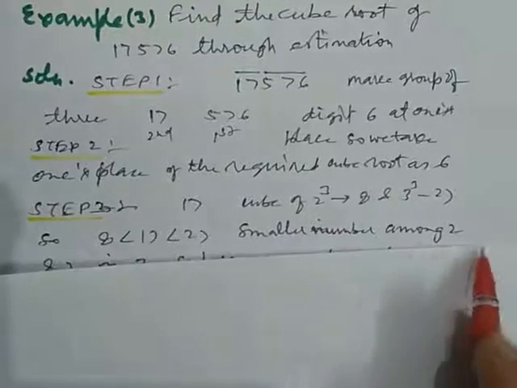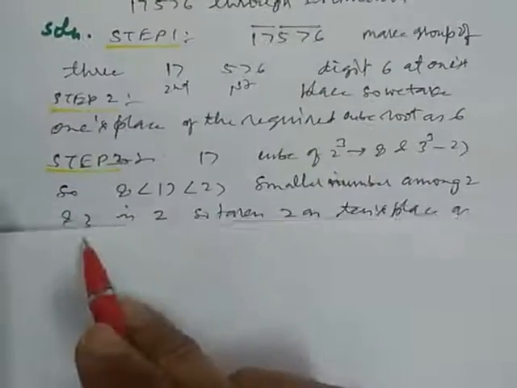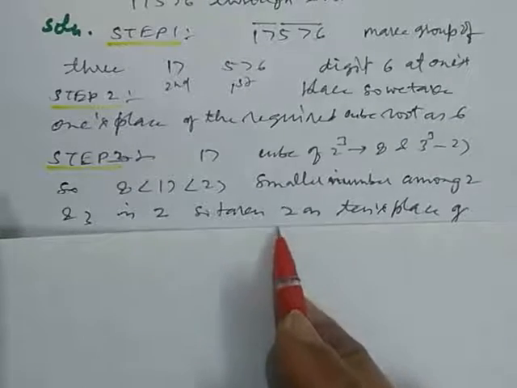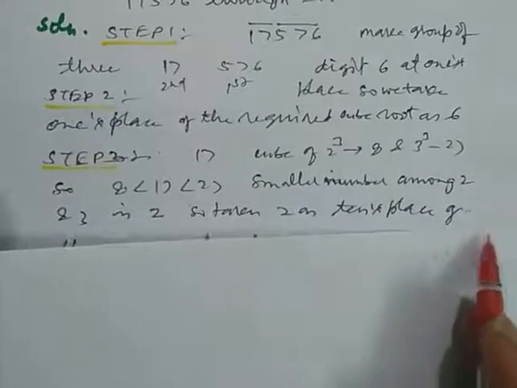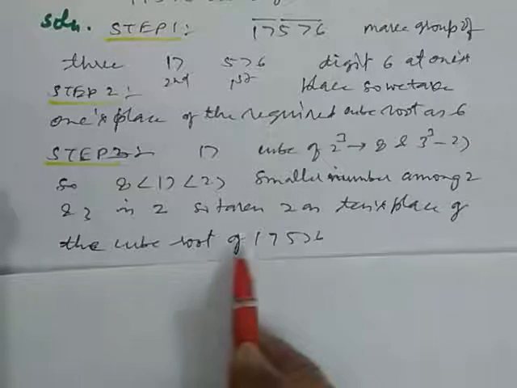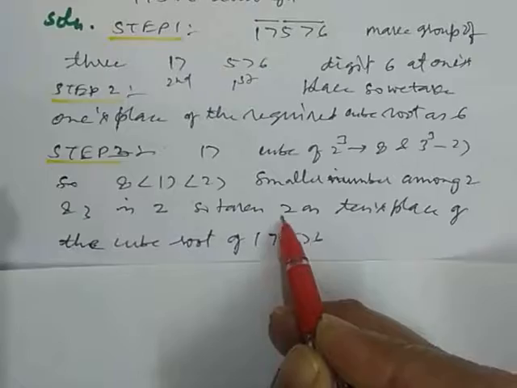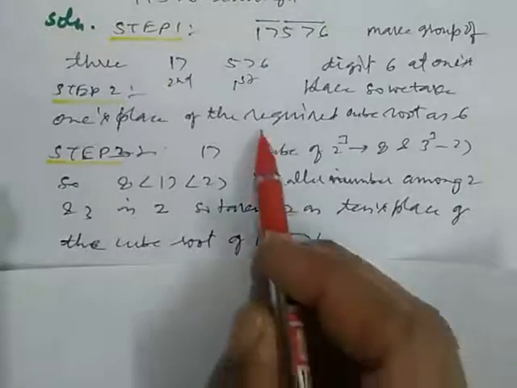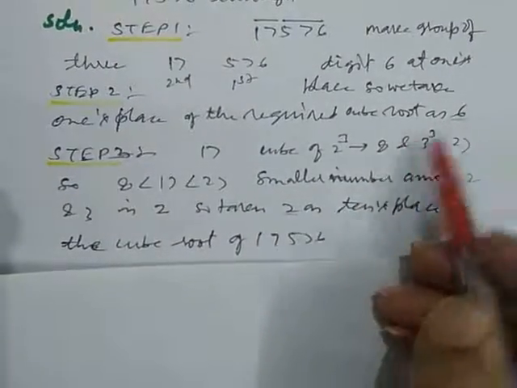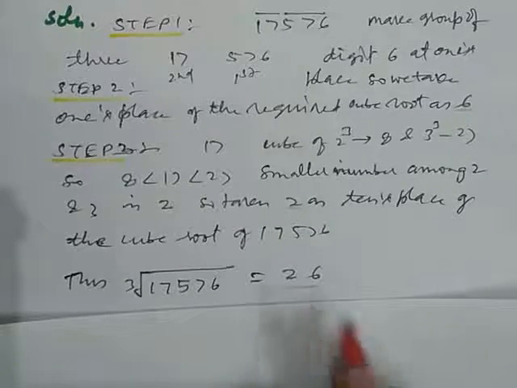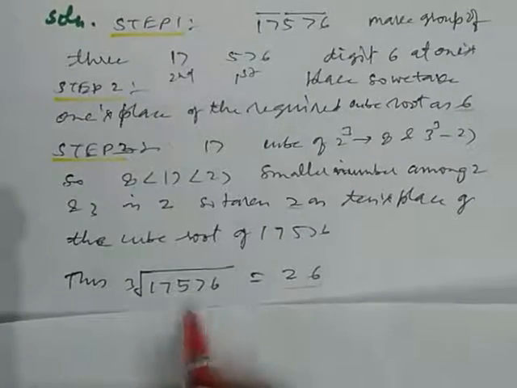So among 2 and 3, we select the smaller, 2. So take 2 as the tens place of the cube root of 17576. So 2 as tens place and 6 as unit place. So 26 is the cube root of the given number.